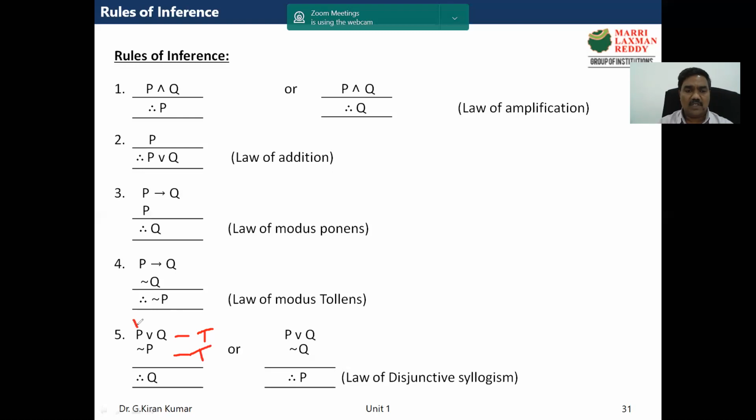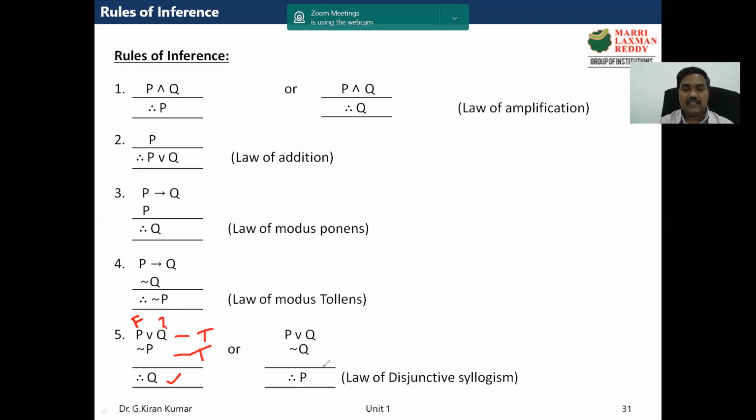Now come back to the first one. P or Q is true and in that P is false. So therefore, what must be the value of Q? Q must be true. So therefore, we are arguing Q is a valid inference.